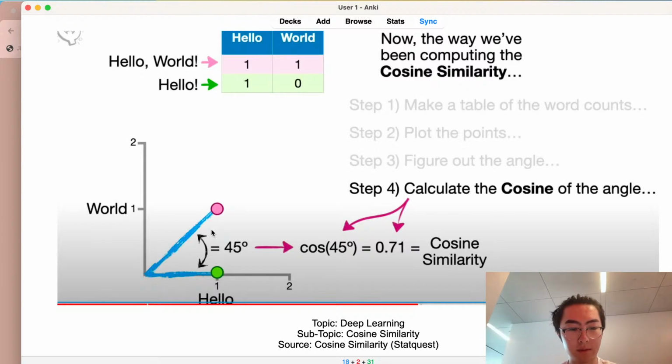And then finally, we just calculate the angle between them. So this is a 45-degree angle, cosine of 45 degrees. I think it's pi over 4, could be wrong. Yeah, I think it's pi over 4.